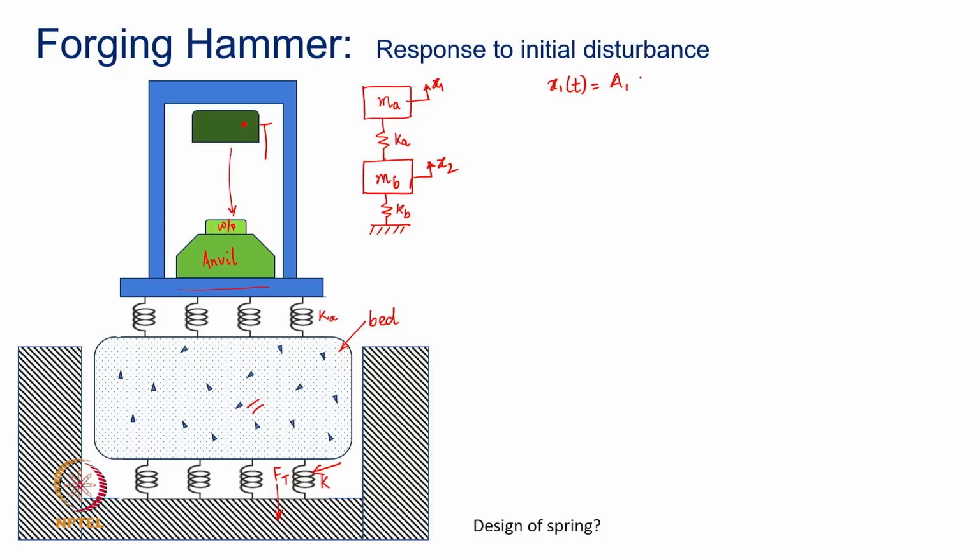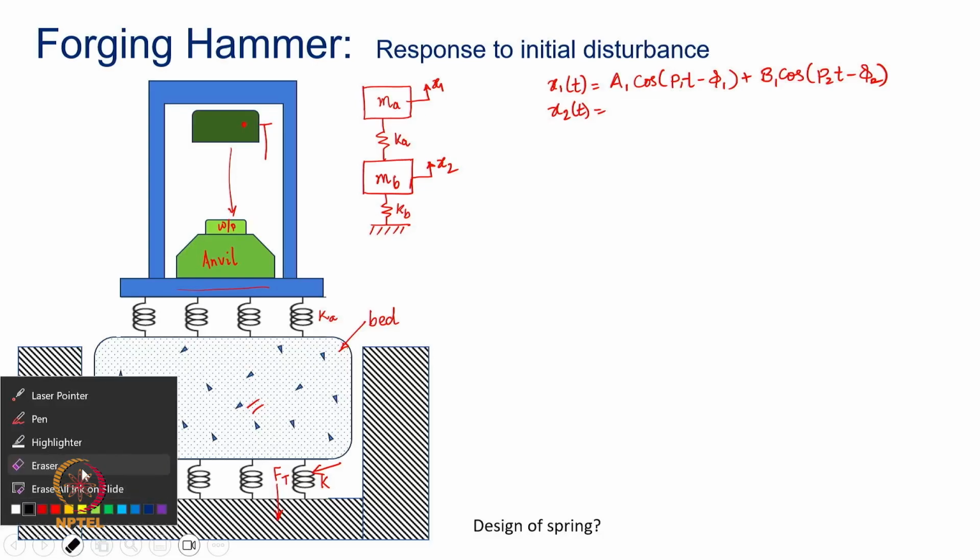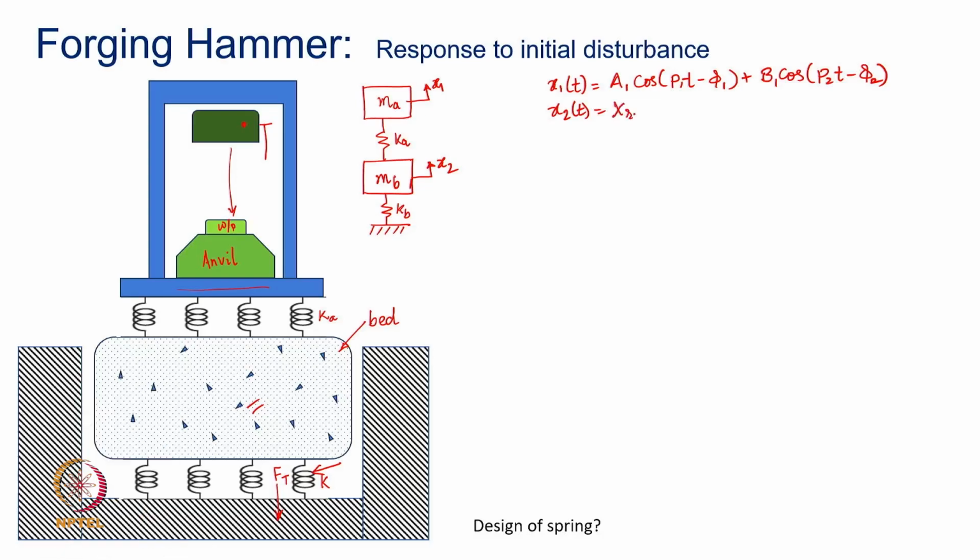The general response will be x1(t) = A1 cos(p1 t minus phi 1) plus B1 cos(p2 t minus phi 2), then x2(t) will be, sorry, I will write this as xr1 A1 cos(p1 t minus phi 1) plus xr2 B1 cos(p2 t minus phi 2).